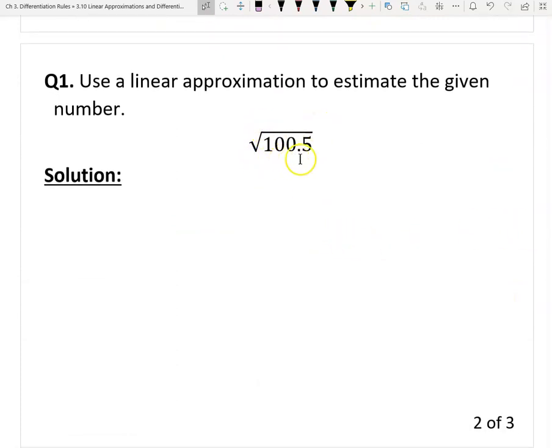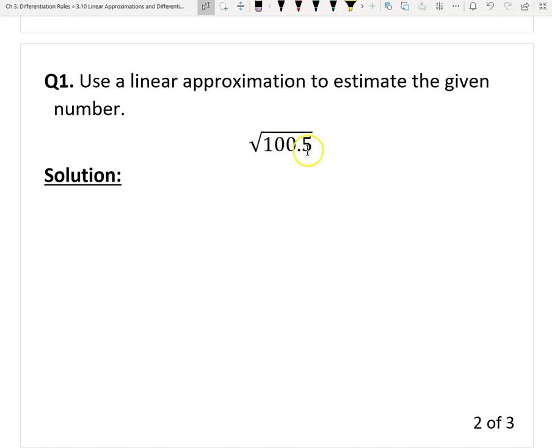Here is the question. What do we do? Square root of 100.5. This is a square root. If we don't have a calculator with us, it's so hard to get the square root, right? But we just learned linear approximation. Imagine if this is the square root of 100, we know the value, which is 10, right?